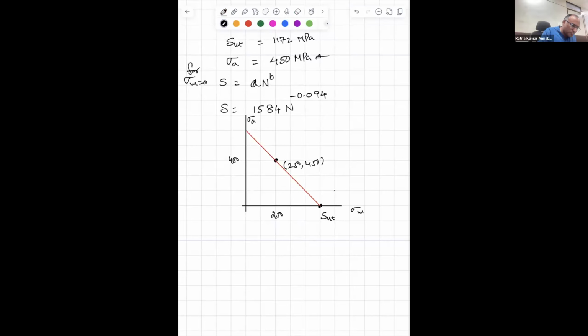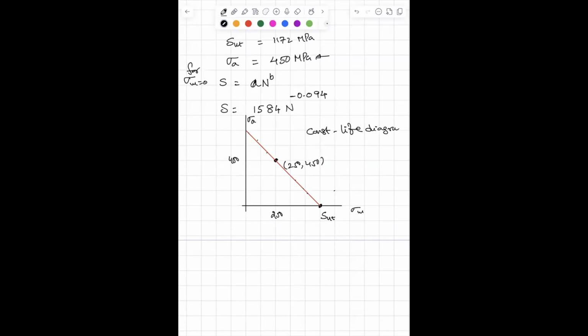What is the beauty of this line? It is known as the Goodman line, or also the constant life diagram. What is the meaning of that? All the points on this line will have the same life. Do you agree or not?